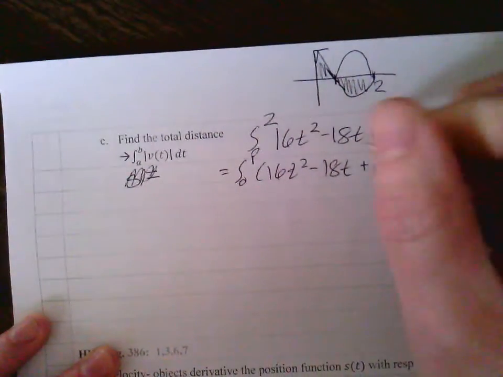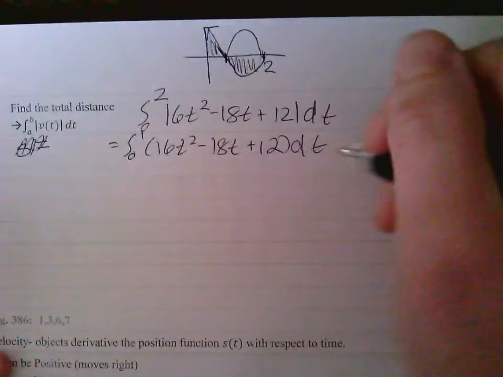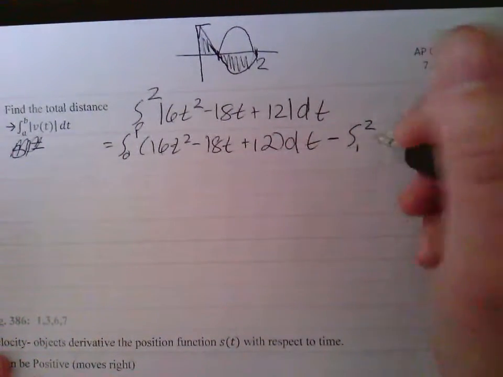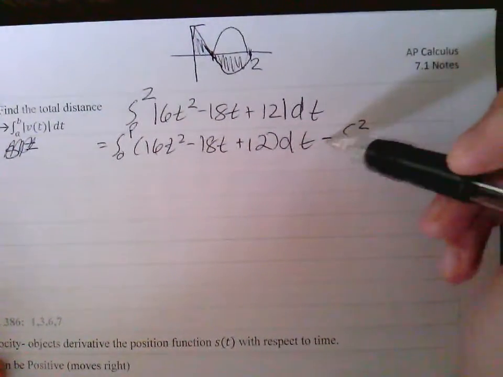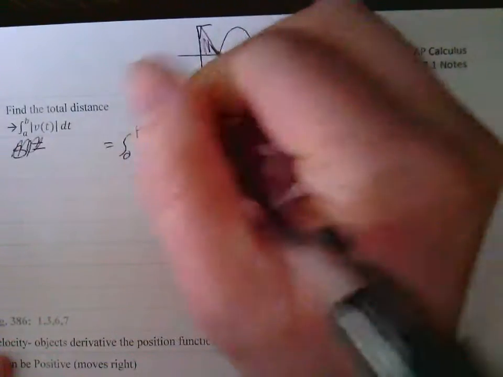Okay. And then you could either subtract it here or multiply the whole thing by a negative on the other side, from 1 to 2. So I already put in the minus sign right here. 6t squared. Oh, that's not 16, it's 6.